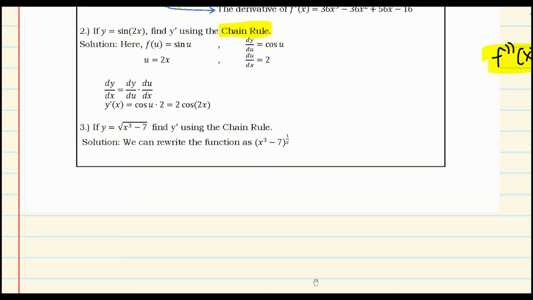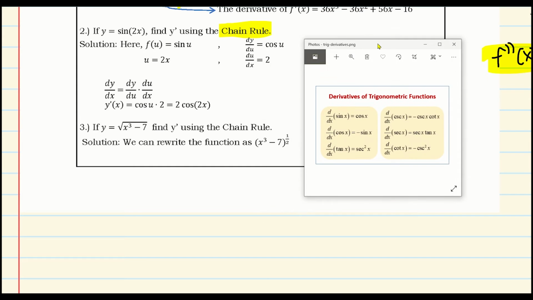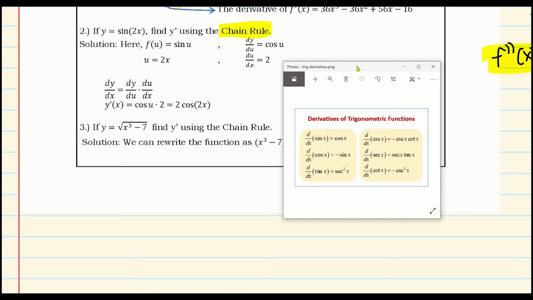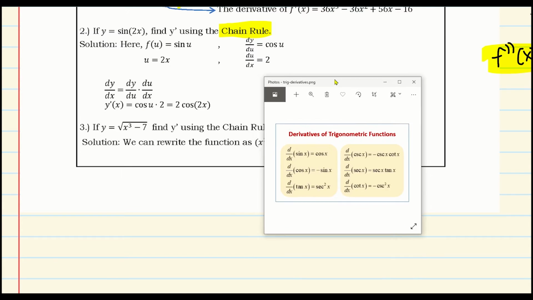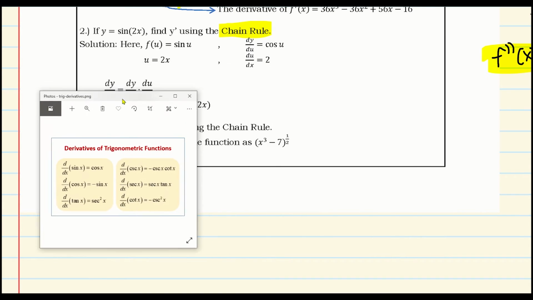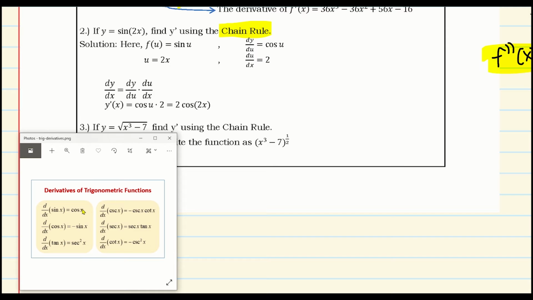In this example number 2, I have here a cheat sheet. This is something you can have if you have not yet memorized the derivatives of trigonometric functions. But you need to memorize them also. If you have not memorized it, it's okay to look at this one.